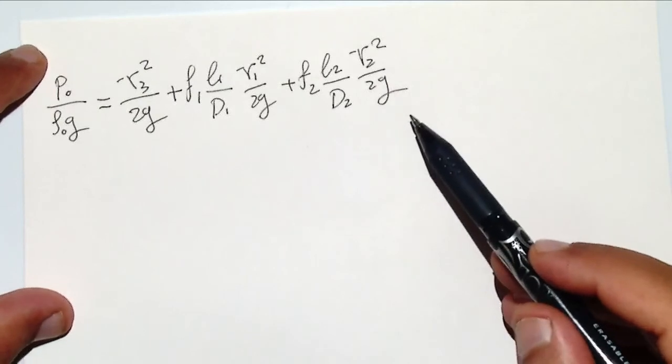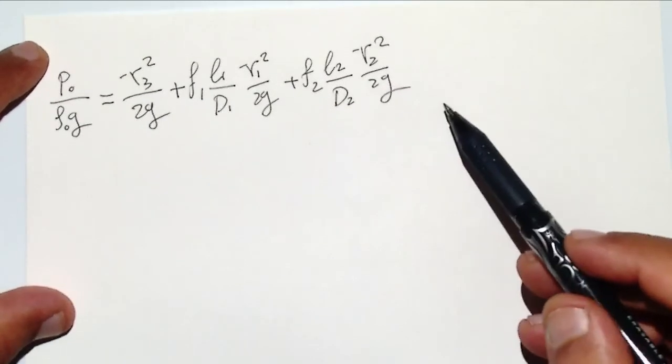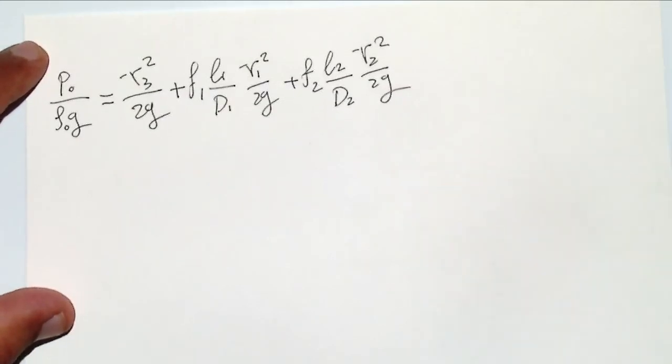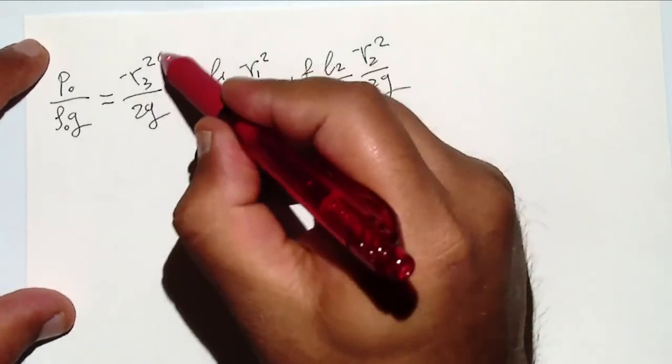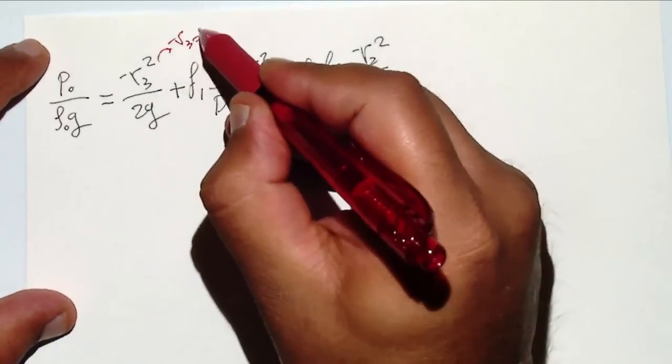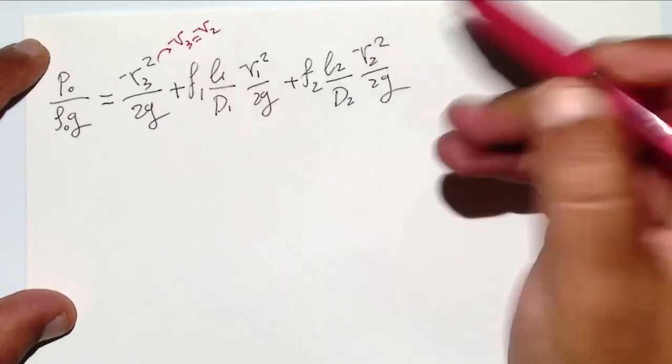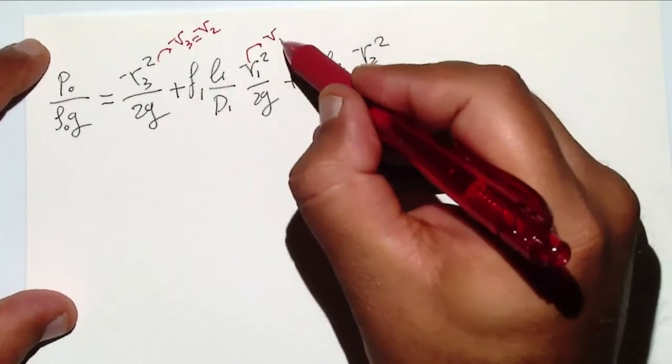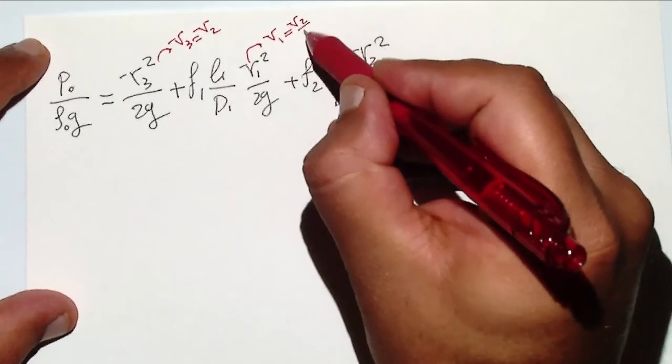Why are we ending up here? Because we want another equation between V1 and V2. So we know the relation between V1 and V2. We only need one of those, and also we know that V3 is equal to V2. V1 is V2 over 4.